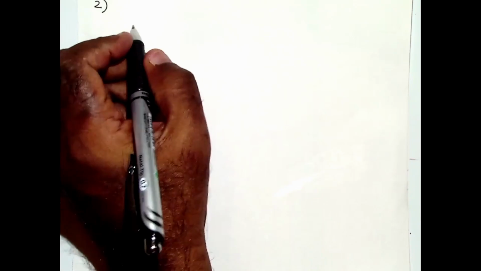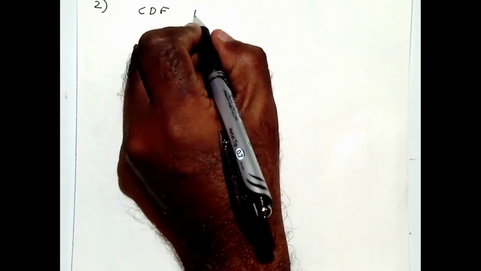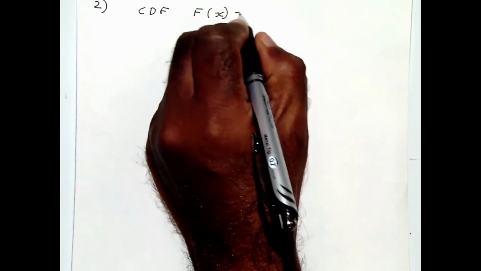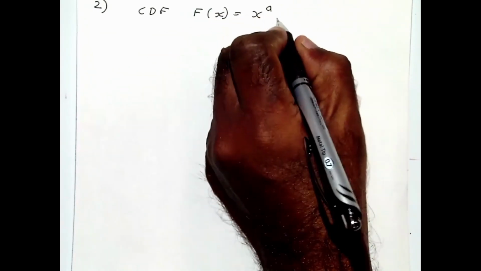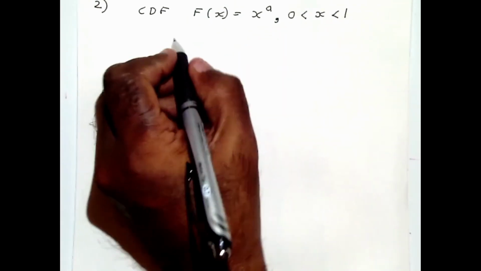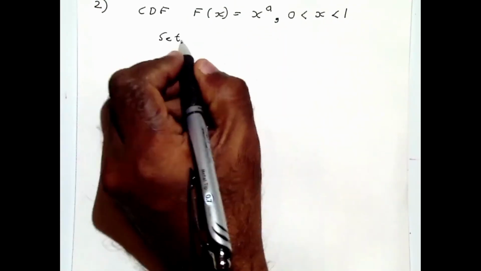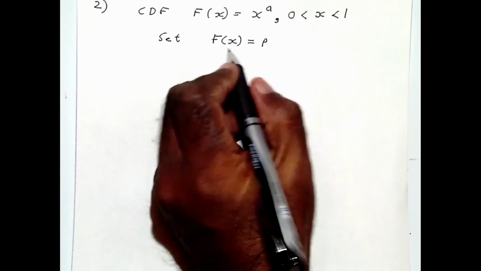So this is part 2 of sheet 6. So here you're given the CDF F(x) equal to x to the power a, x between 0 and 1. So to find the VaR, you set the CDF equal to p and solve for x.